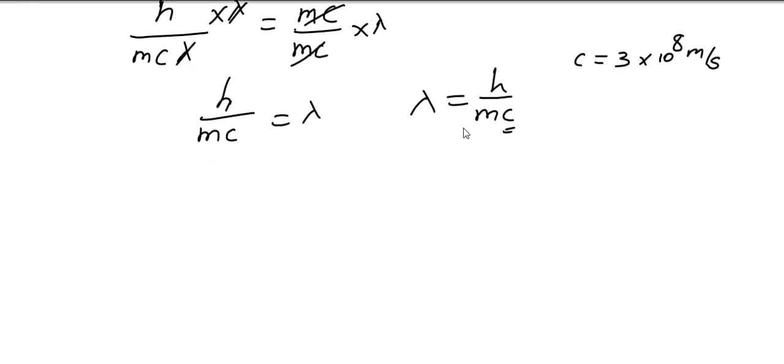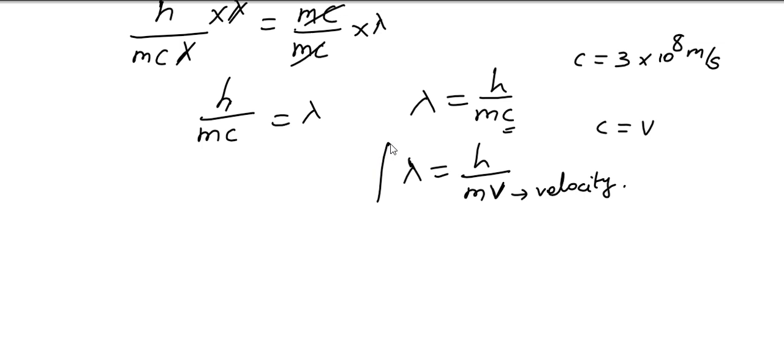So you can replace it with any velocity of the particle and you can replace it as v in order to use it for the electron, proton and any ions which is accelerated with a potential of V. So இப்போ நம்ம lambda equal to h by mv னு எழுதிக்கலாம். Here v is the velocity, represented in small letter, velocity of the particle. So this is the equation for de Broglie wavelength.